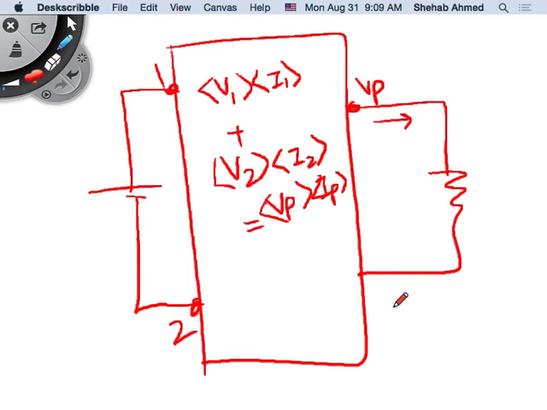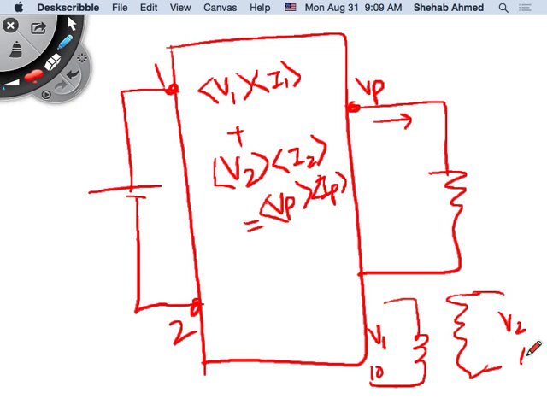So this looks like a transformer, right? I can create a V1 here and a V2 here that are different. Like this can be 10 volts, this can be 100. But if this is 10 volts, 10 amps, then this is what? This is 100 volts, 1 amp, right?